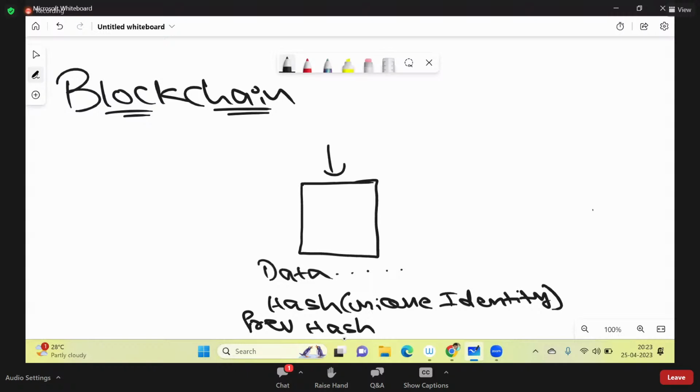So 1, 2, 3, 4, 5, whatever numbers you see here, a person who is new to this technology may feel that this is a block number, which I totally agree. But gradually, when we move forward and understand the concepts appropriately, this shouldn't be called a block number. Indeed, it should be called your block height. So block height is nothing but your block number; we technically refer to it as the block height.